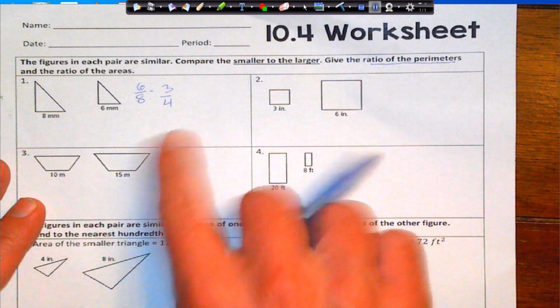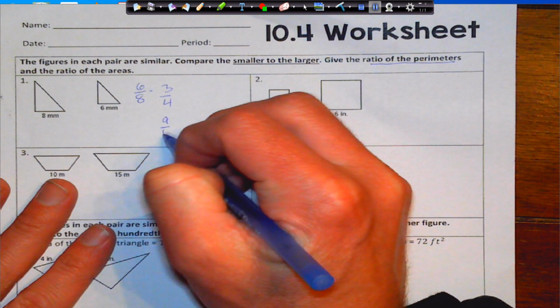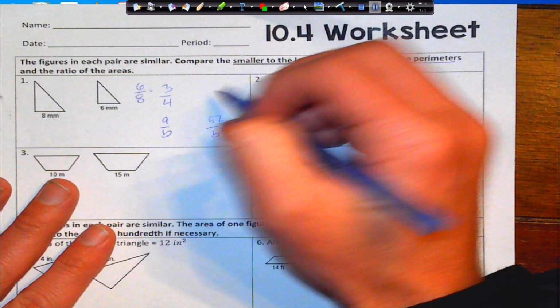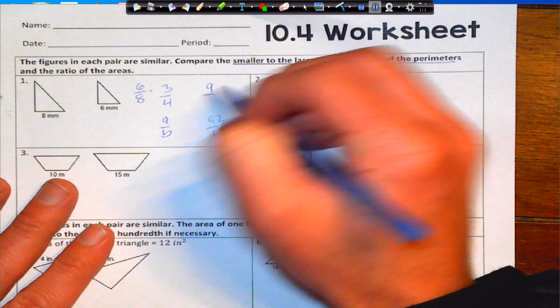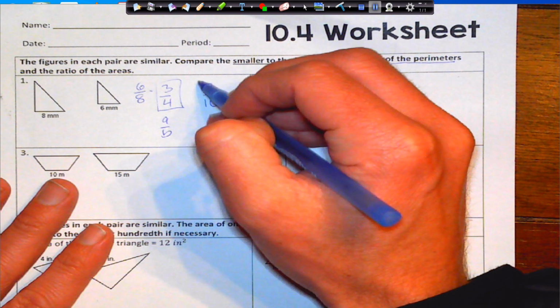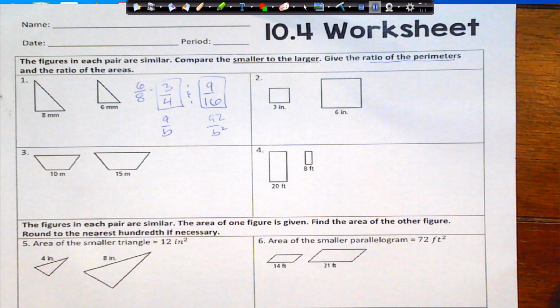That's my perimeter ratio, we'll call that the a to b. And then to get the a squared to b squared, we just have to square this. So we square that to get 9 over 16. And those are our two answers: 3 to 4 and 9 to 16.